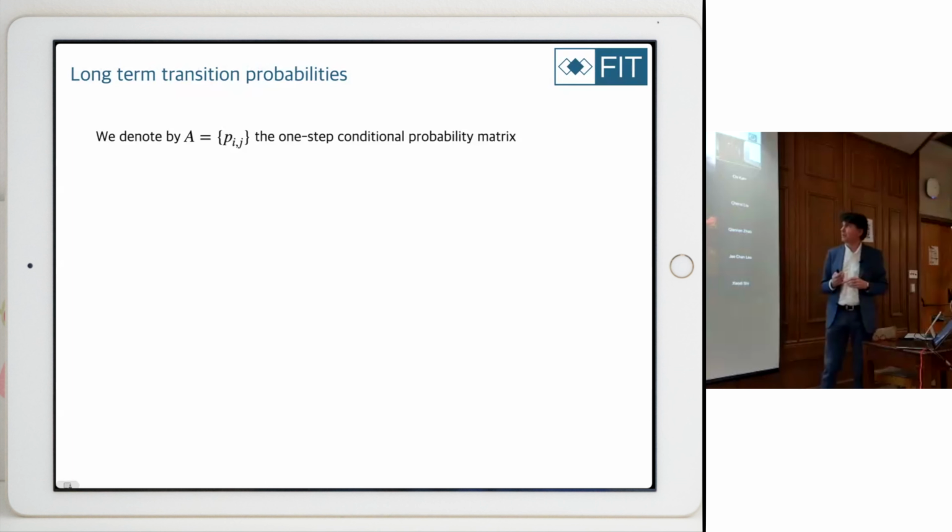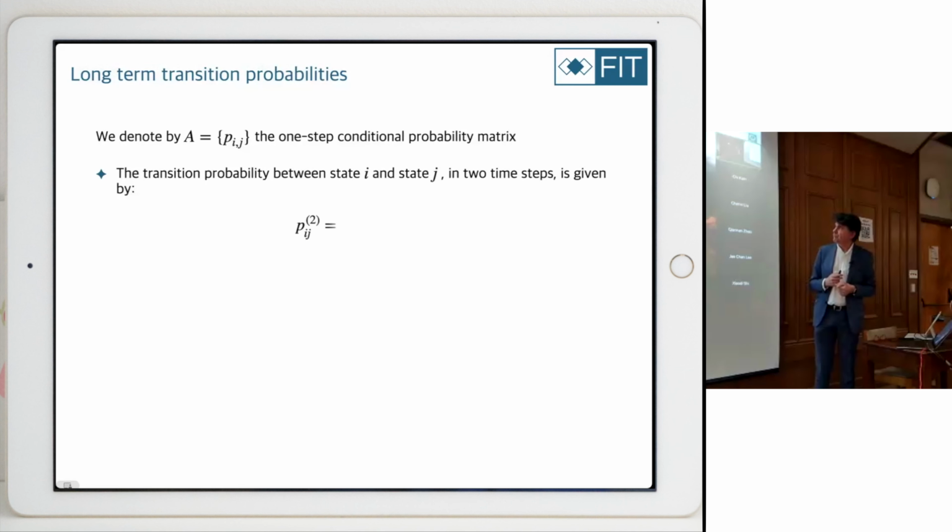Imagine I have a transition probability matrix. It's given to me by S&P, right? Okay, great. What would the transition probability matrix be for 2 periods, not 1, 2 years? I don't know. Let's calculate it.